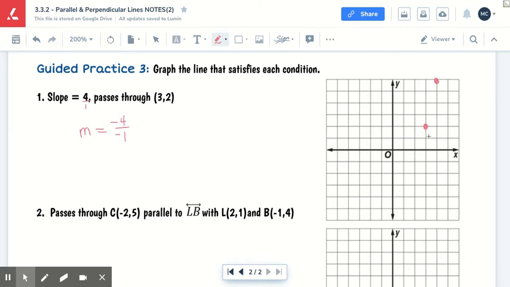So I go down 4. 1, 2, 3, 4. And the horizontal change, instead of being a +1, would be a -1. So that would be to the left 1. So I could get more points that way if I need them. I could do that one more time on this grid, I think. So 1, 2, 3, 4, and 1. There we go.